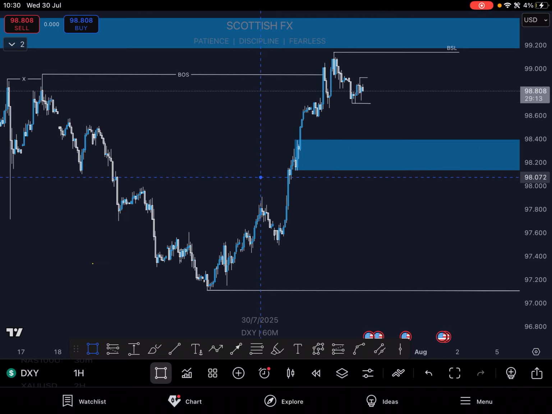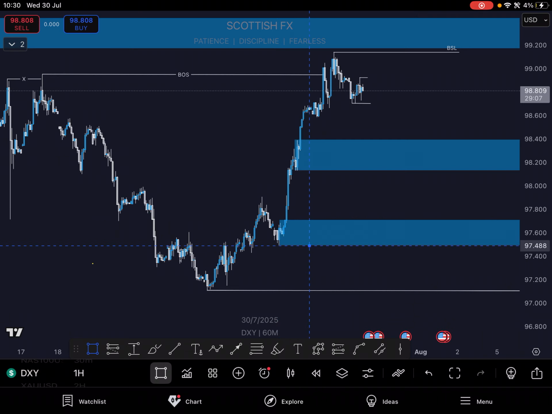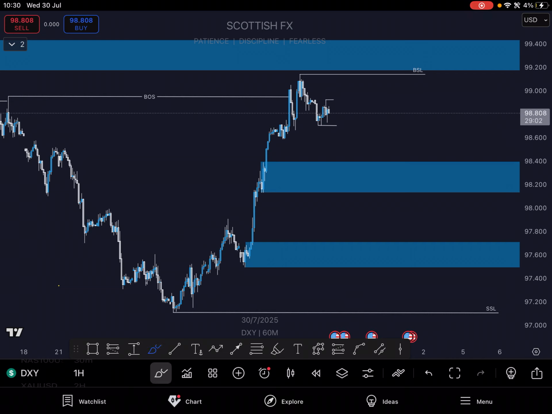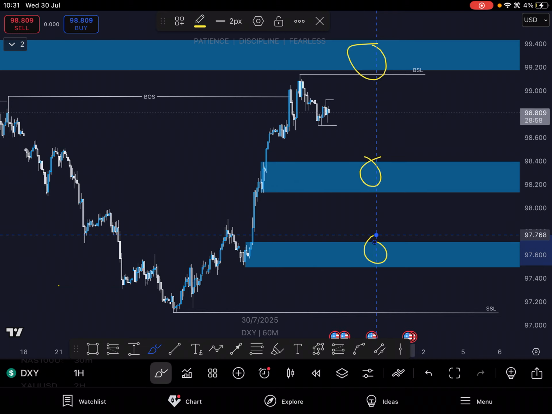Let's move to another one, and here you can tell we have this fair value gap, and then this fair value gap. So we're going to take this order block. Now as you can tell, we have 3 order blocks. We have this higher time frame order block, this one, and this one. I'm expecting the price to respect those ones.